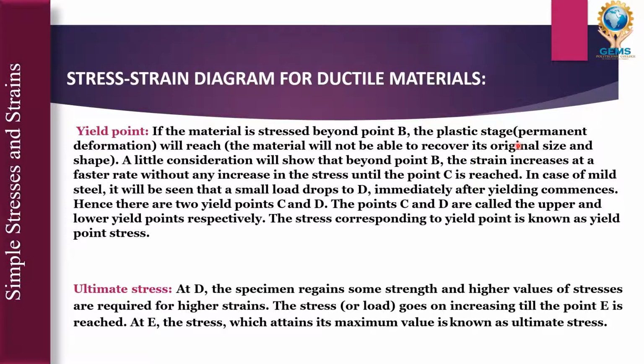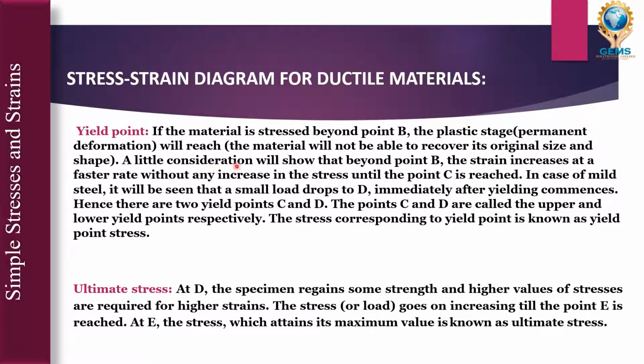In plasticity, once the object gets deformed, it cannot regain its original size. Understand? That is called the plasticity property. So same thing is happening here. If the material is stressed beyond point B, the plastic state will be reached. The material will not be able to recover its original size and shape.